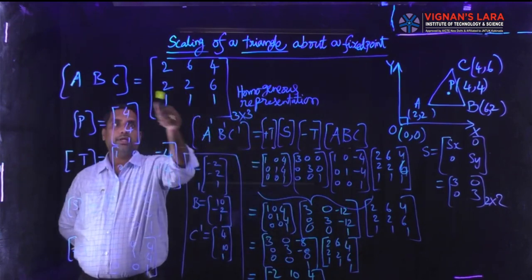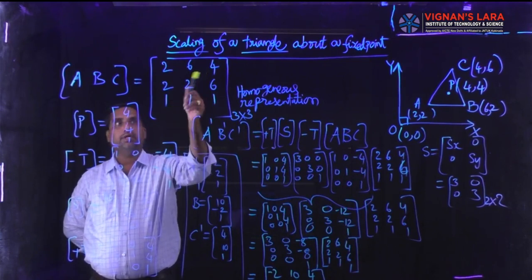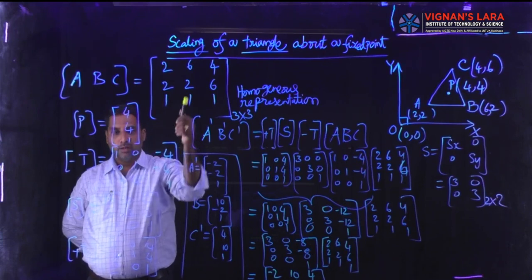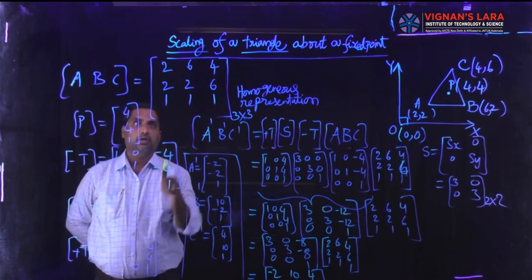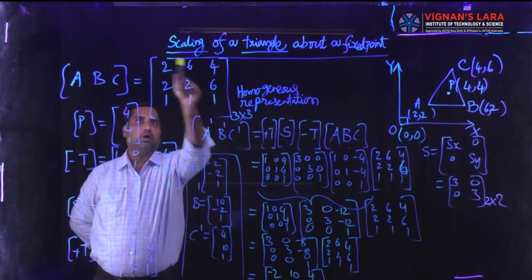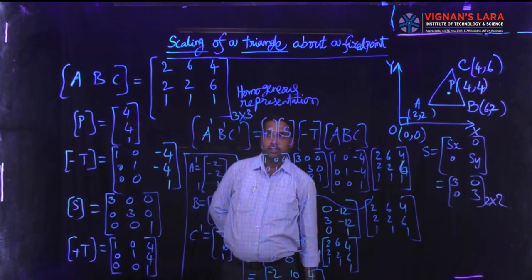For 2D we add 1 after x, y, but for 3D it is x, y, then z, and below that you add 1. Similarly x2 y2 z2 1, x3 y3 z3 1, and this is the 4 by 4 matrix you will get for the ABC coordinates.